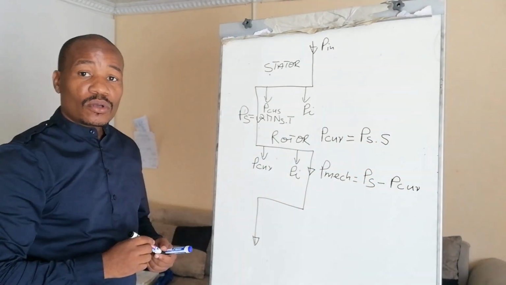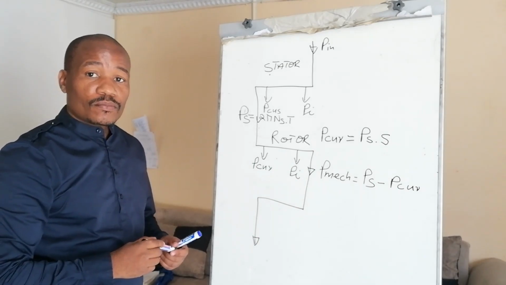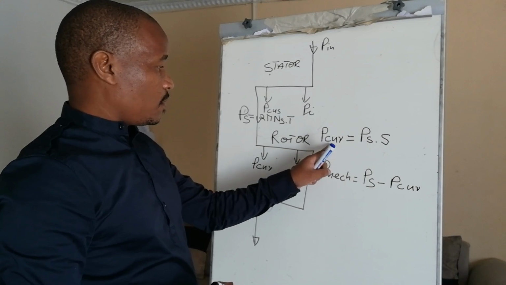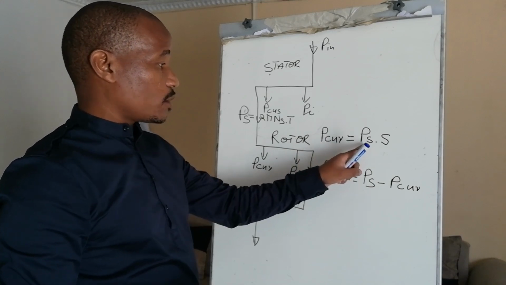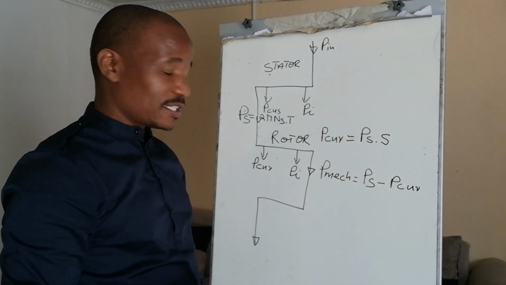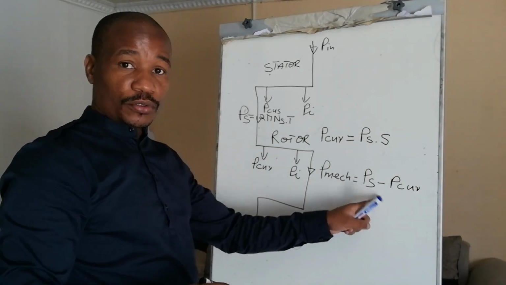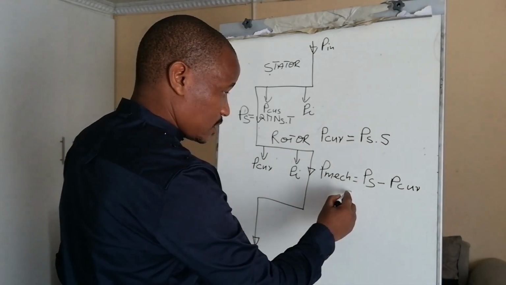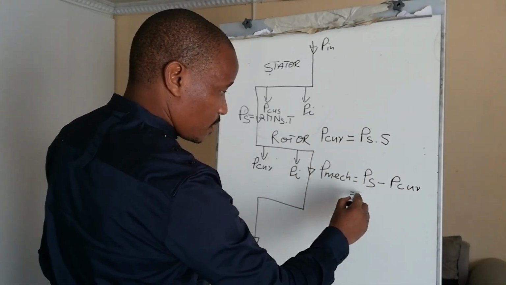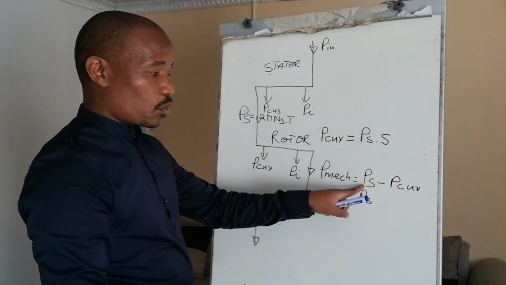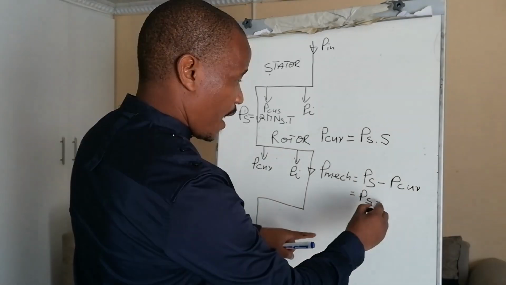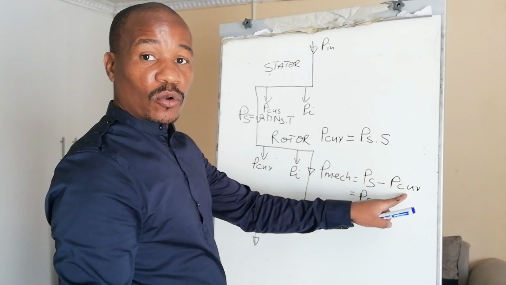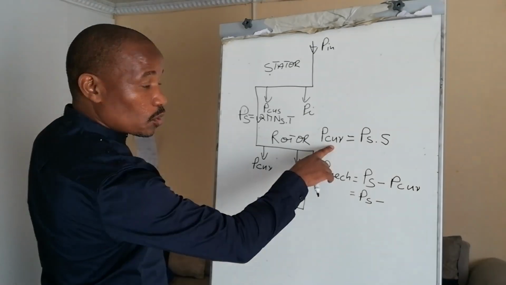Now, if the rotor copper losses is equal to the synchronous power multiplied by the slip, we can further deduce this. This is now maths, guys. The mechanical power is the synchronous power minus the rotor copper losses. But what is the rotor copper losses?